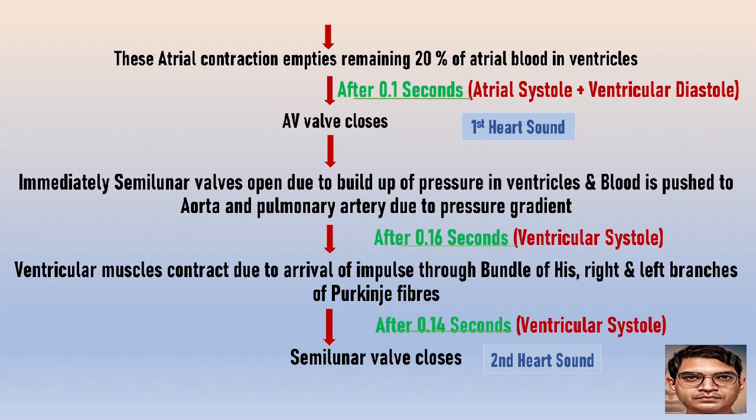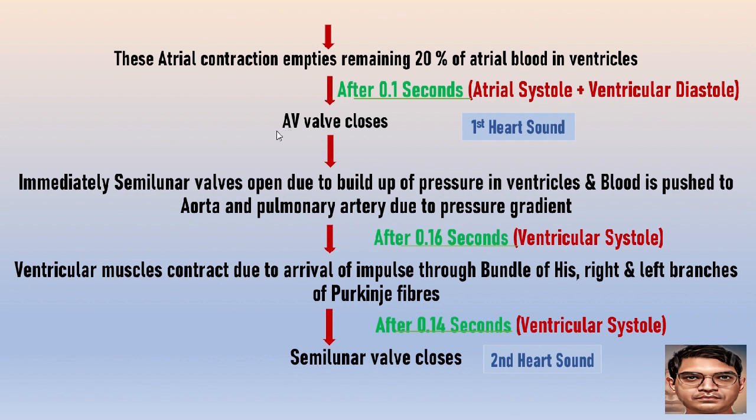As soon as the semilunar valve opens, the pressure gradient that has been created in the ventricular blood causes the blood to be pushed into the aorta from left ventricle and into the pulmonary artery from right ventricle. This pushing of blood is purely because of pressure gradient.